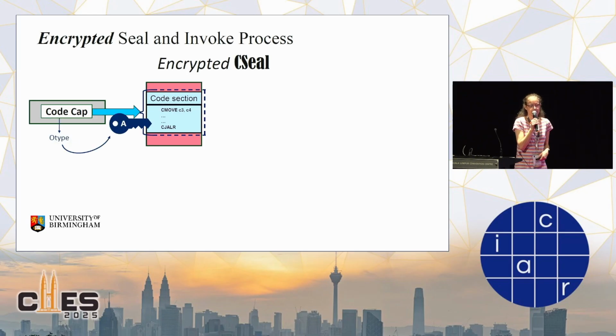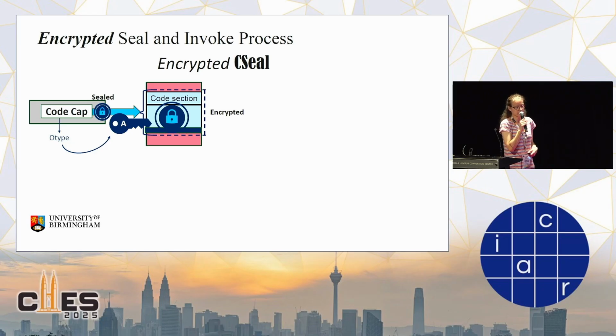If so, we take the sealing otype and use that to generate an encryption key. We read the data from memory, do the encryption, and then write that back out to the same memory location. Then we do the normal seal operation of our code capability. And so now we have an encrypted sealed capability.